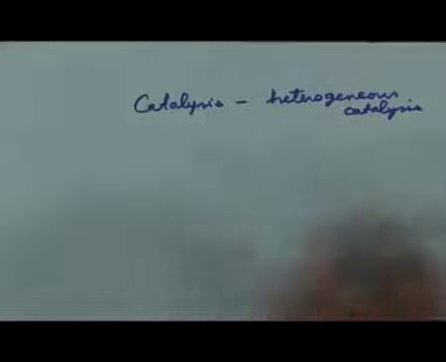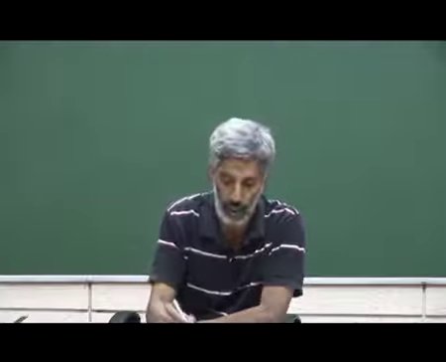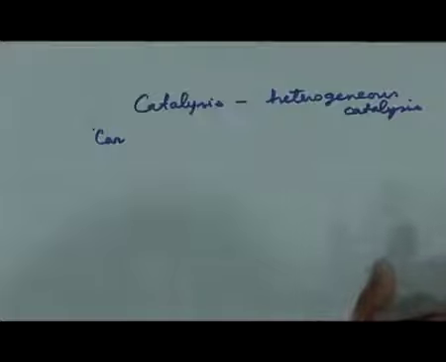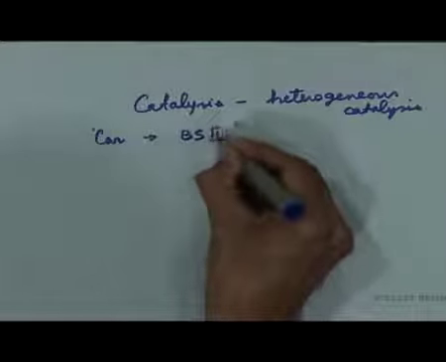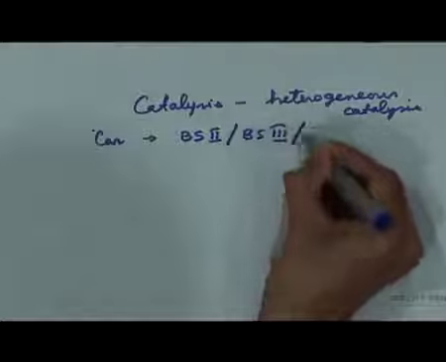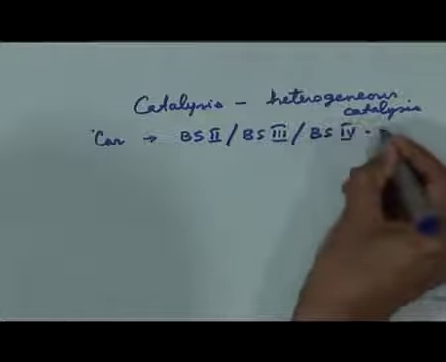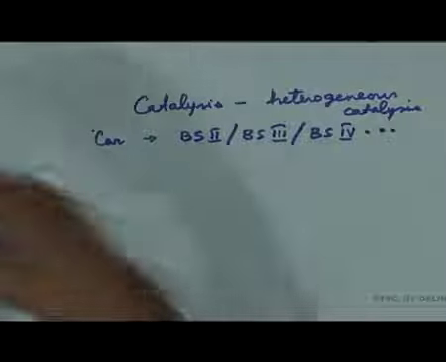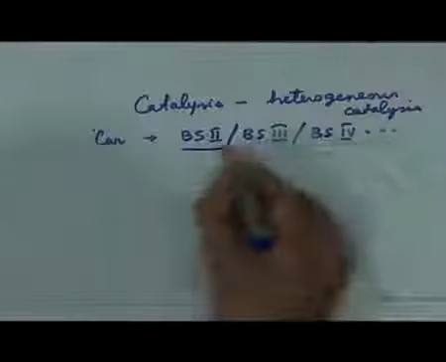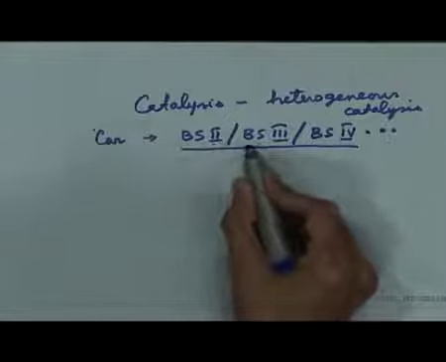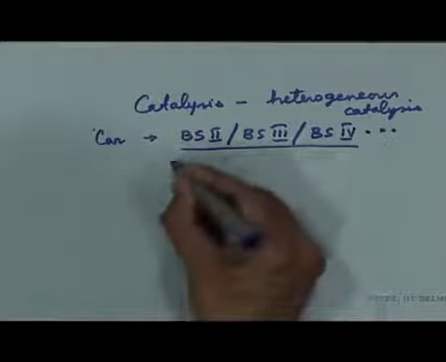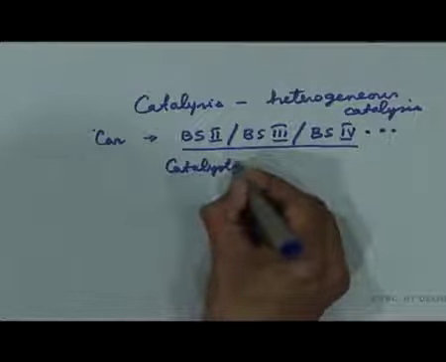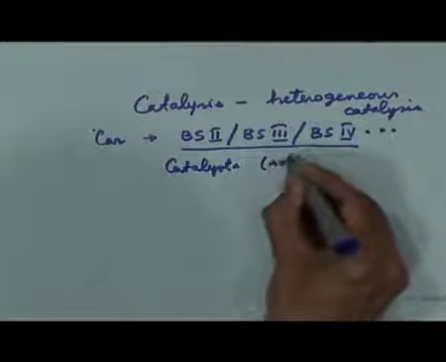Anytime you have catalysis, for example, something that you and I have encountered, if you look at any automobile, a car that has been made in India in the recent past, if you look at the back of the car, you will see stickers which say BS2, BS3, etc. So if you look at the back of your car, or any car that is passing by, you will see these notations there which say Bharat Stage 2, Bharat Stage 3, etc. And what these have are catalysts, and these catalysts are solids.